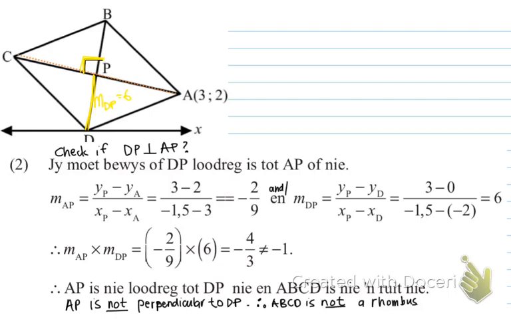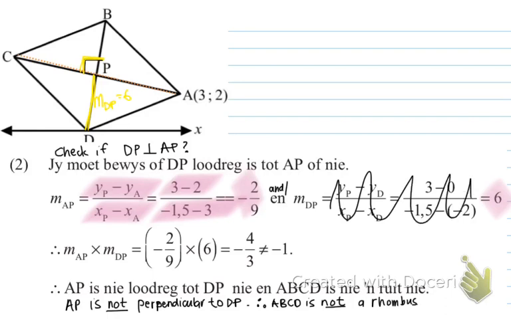Okay, the gradient of AP is delta y over delta x, which is (3 minus 2) over (-1,5 minus 3), which gives me -2 over 9. The gradient of DP is 6. I didn't even need to do all this in between because they gave it to me as 6, but I could have worked it out if I wanted to.